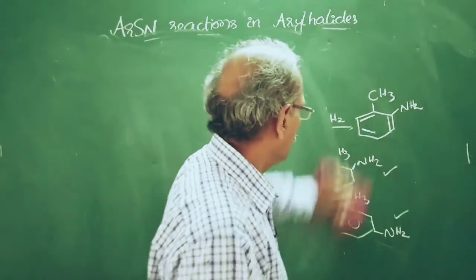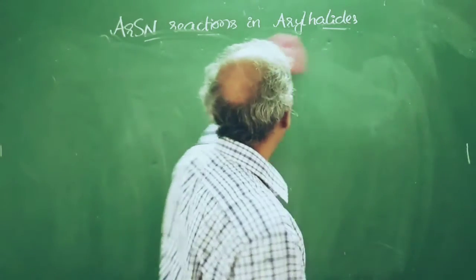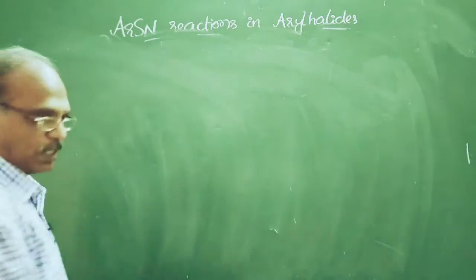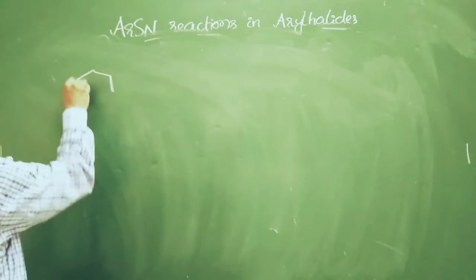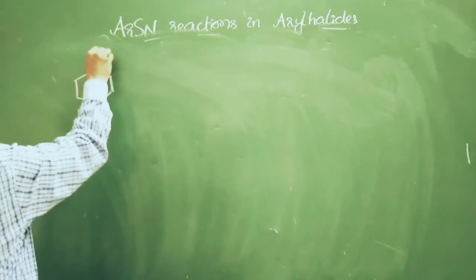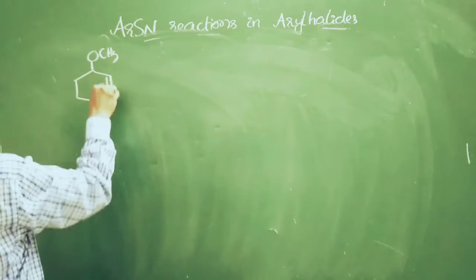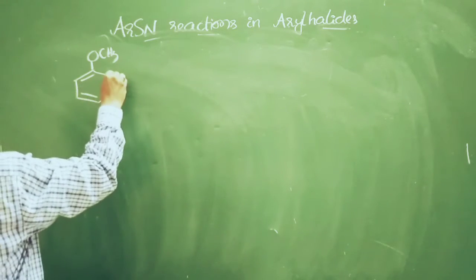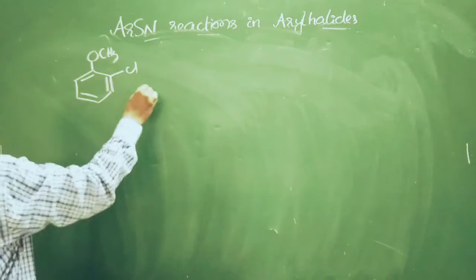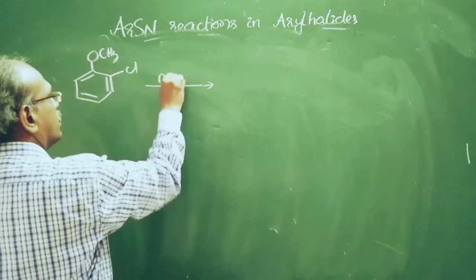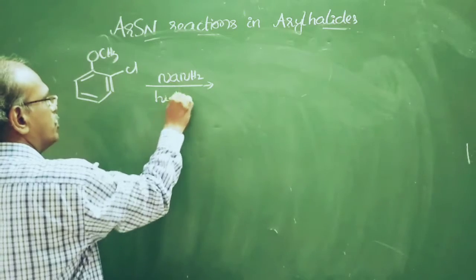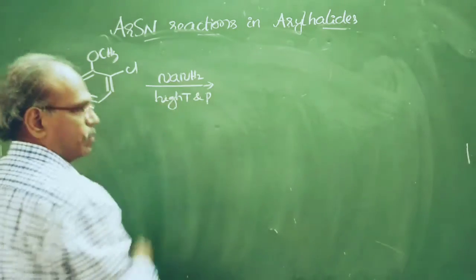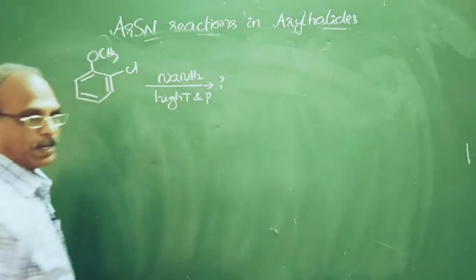If an OCH3 group is present, let's work out that example also. See, OCH3, say here Cl is present with NaNH2 at high temperature and pressure. What's the product?